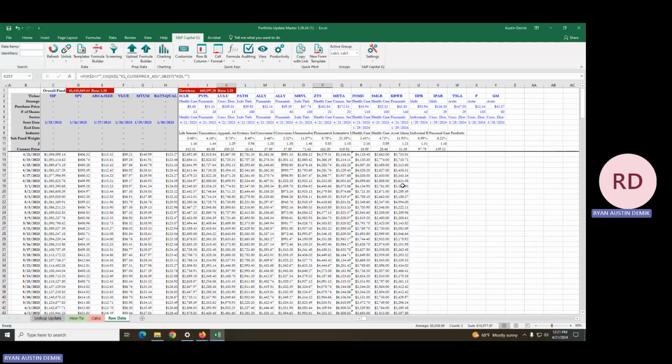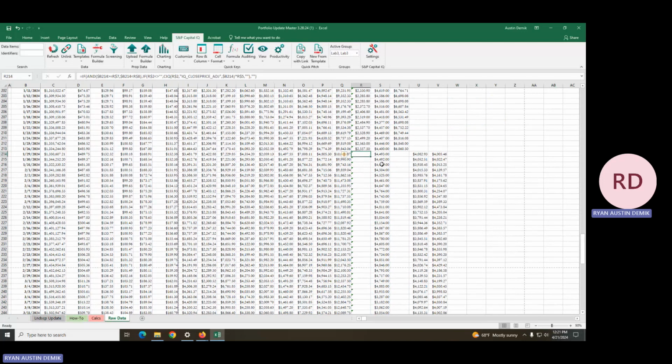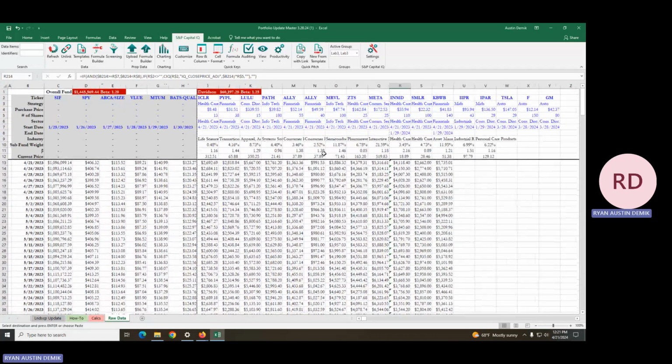All right, so now what we're going to do is copy this same function right here and paste it here into ZTS and Lulu. Copy that, sorry.